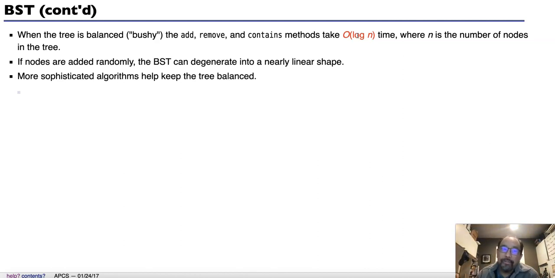And so there are some fancier methods that, while you're doing the insertion or deletion, have a way to keep it balanced. We're not going to cover it in this class, but just understand that there are some more sophisticated algorithms that are designed to keep the tree balanced so that our adding and removing and searching will be maintained at log n time.